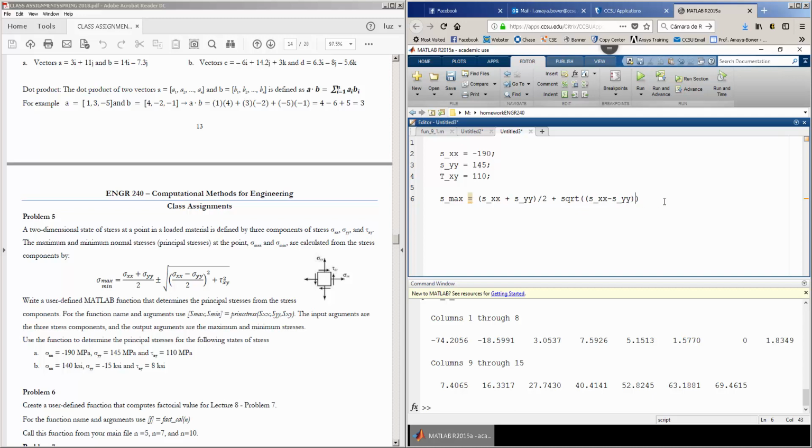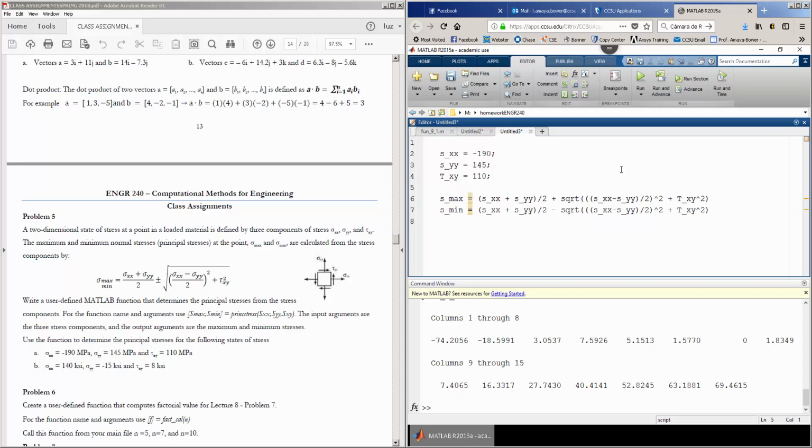So we need an extra parentheses to ensure that this whole thing is to the second power, plus tau xy to the second power. We double check we have the correct number of parentheses. So this parenthesis is for the square, this parenthesis for the division, and this is the maximum. We do the same process for the minimum. We just need to change the plus to a minus.